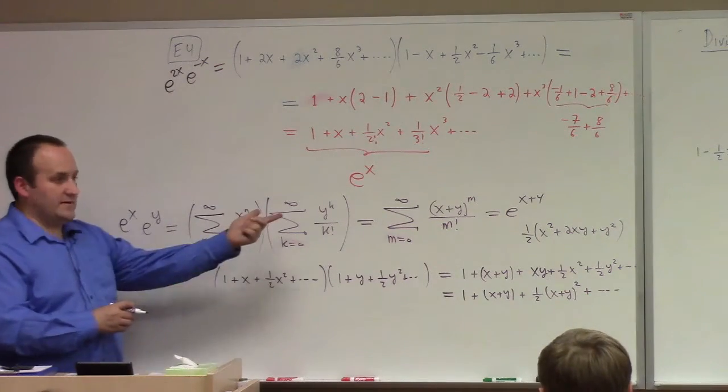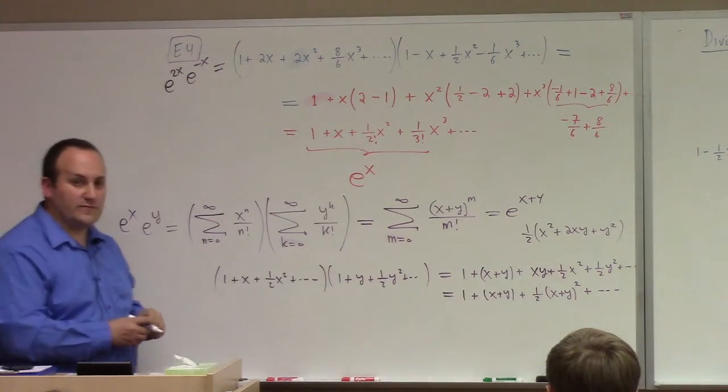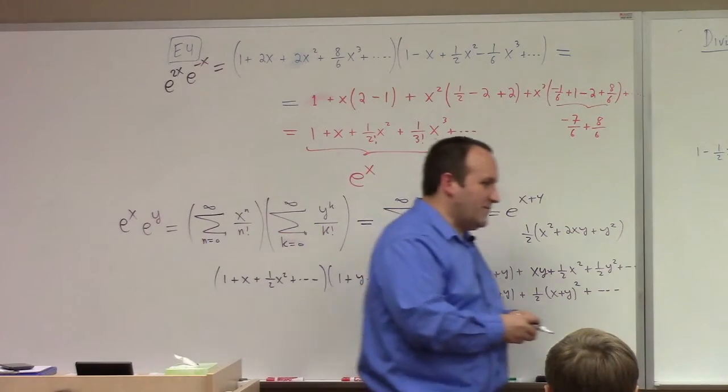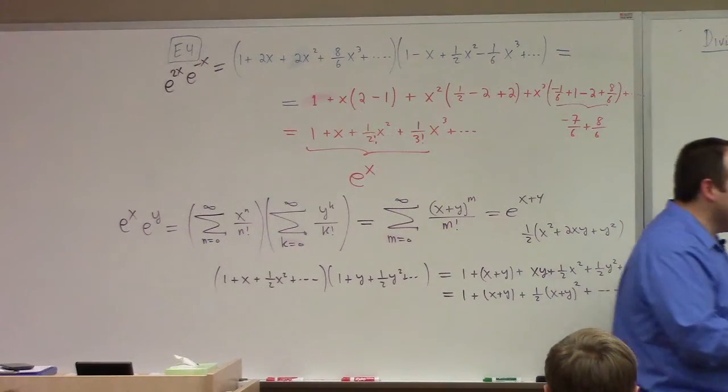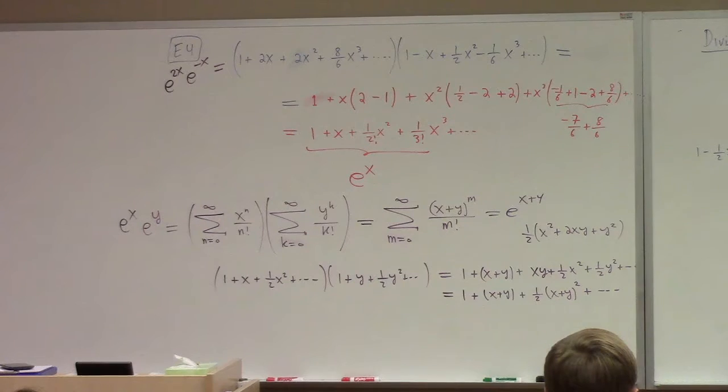For example, the law of exponents you can prove from series. Of course, pragmatically speaking, for the sake of your test and stuff, you're allowed to use laws of exponents. I'm not saying you can't, all right?